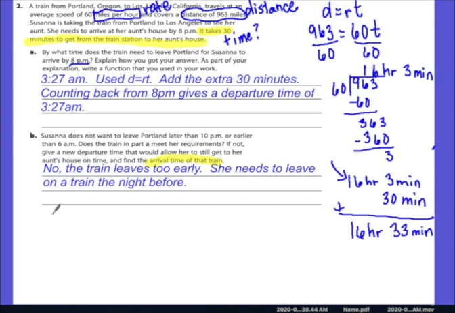From 10 p.m., I'll need to go forward in time. In the last part, we had to go backward, but this time we're going to move forward in time 16 hours and 3 minutes. We're going to use 16 hours and 3 minutes because it wants the arrival time for the train, not the total travel time. So let's take a look at our clock again.